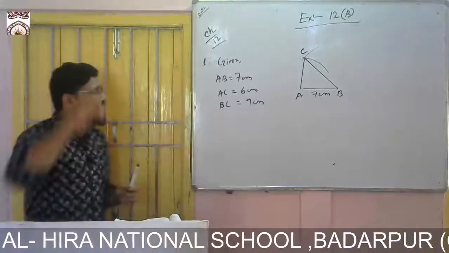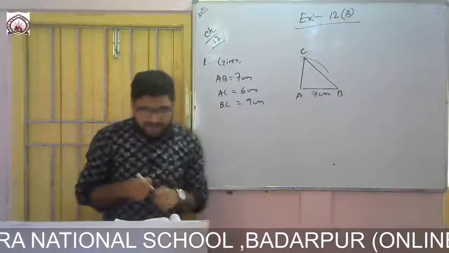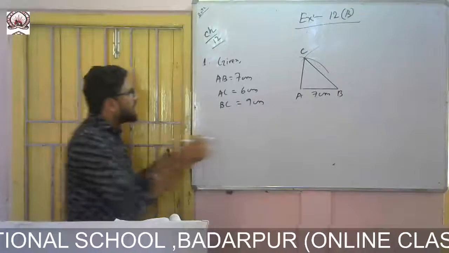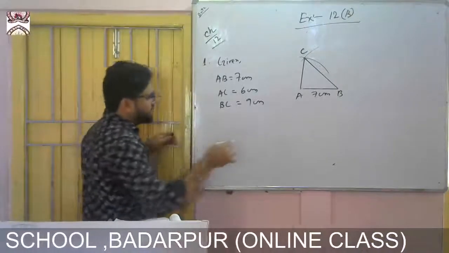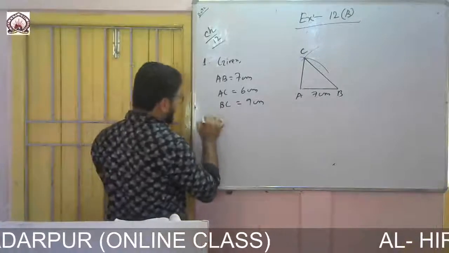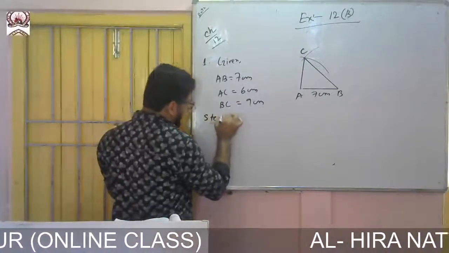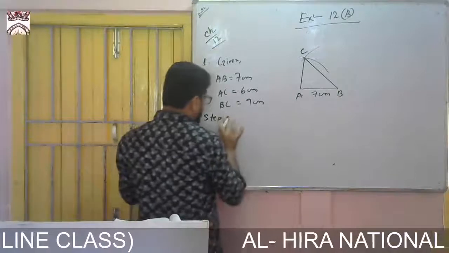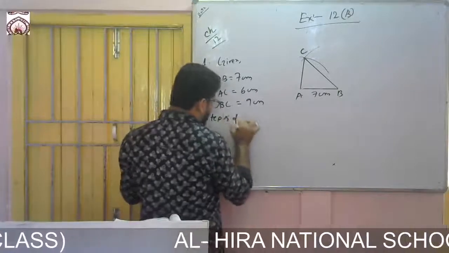First you write, draw a line segment AB. So write number 1, steps of construction.